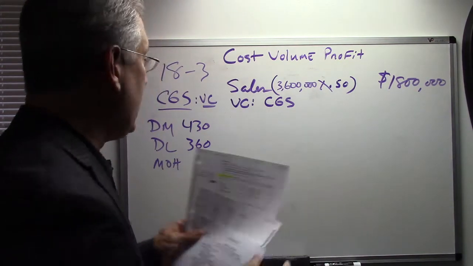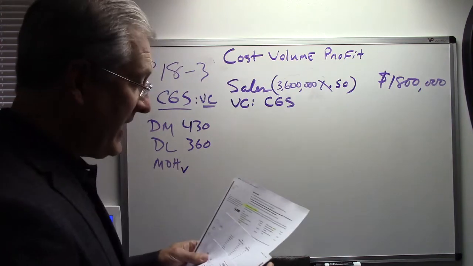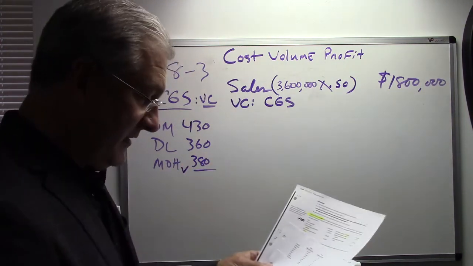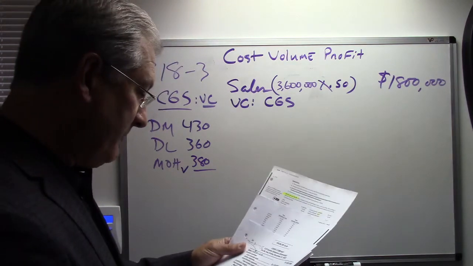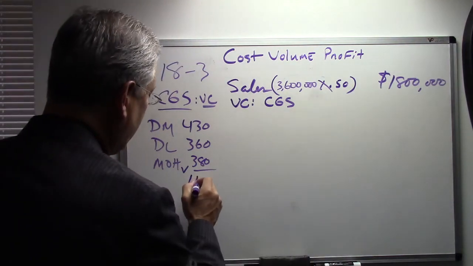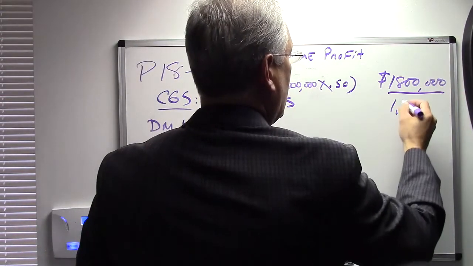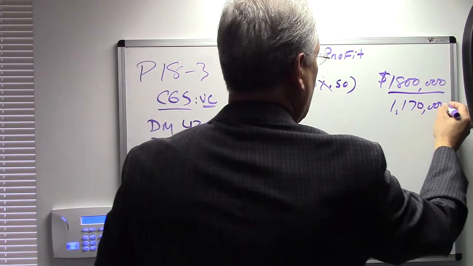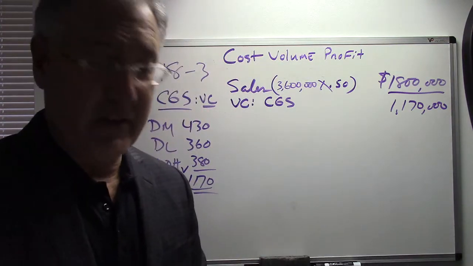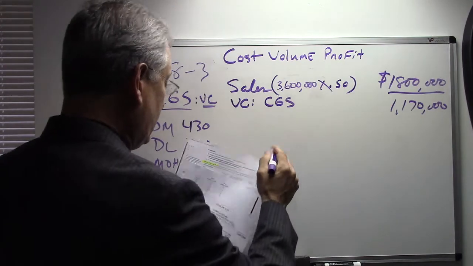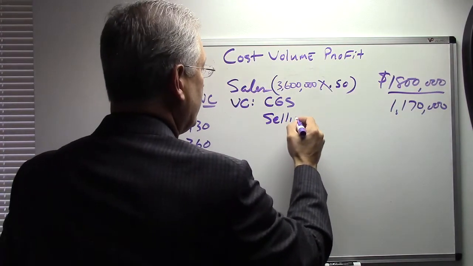And the variable manufacturing overhead is $380,000. This totals up to be $1,170,000.